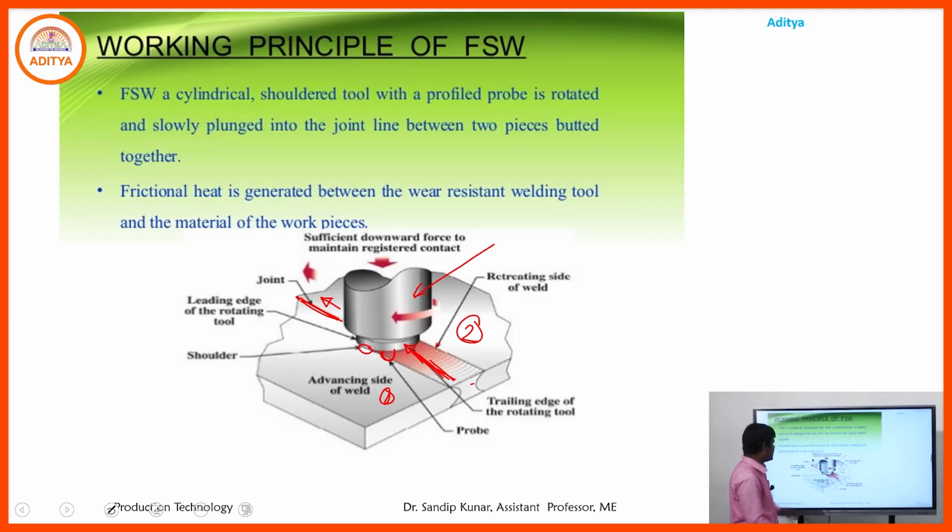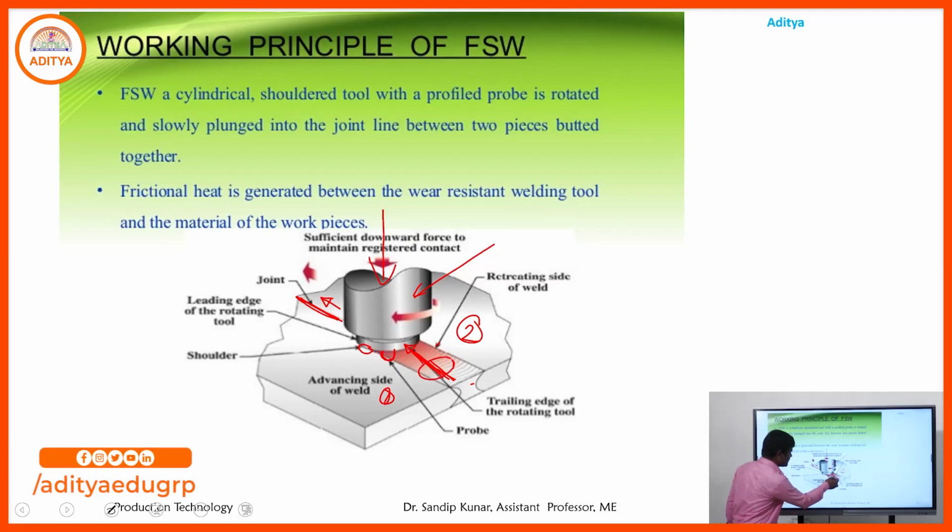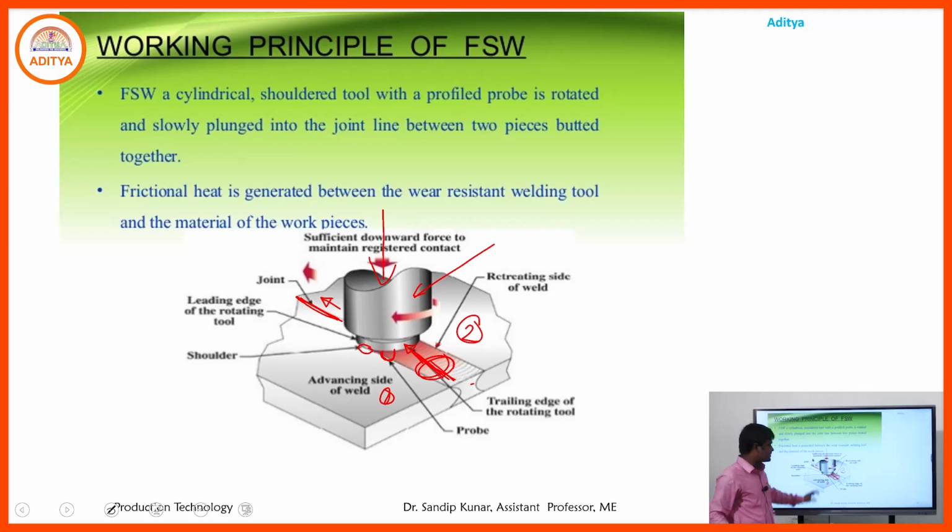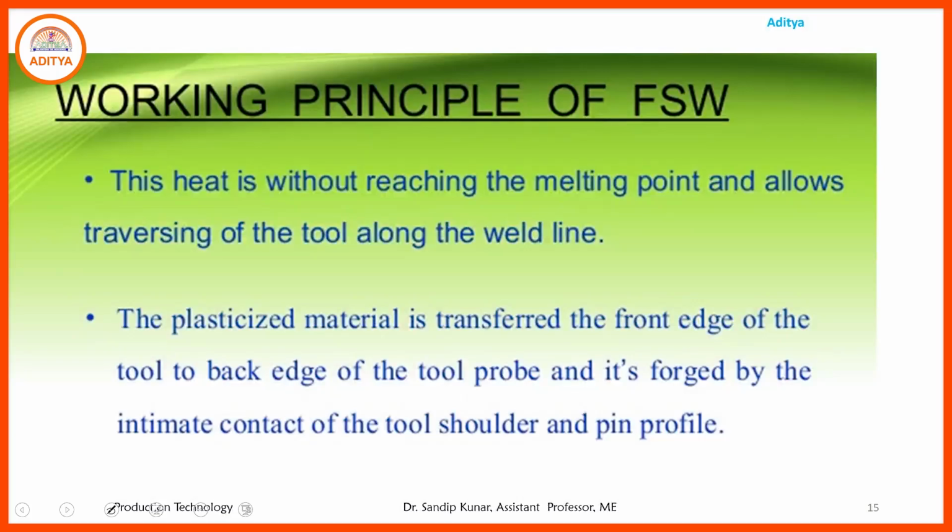When we apply sufficient pressure to the cylindrical tool, due to the pressure and rotation, mechanical friction takes place between the welding face and the probe face of the tool.